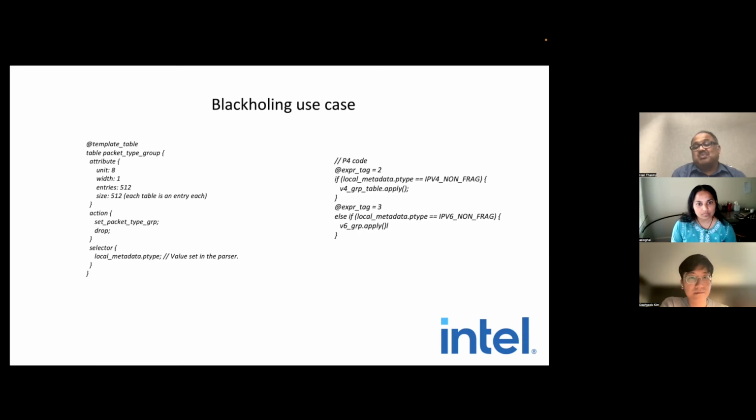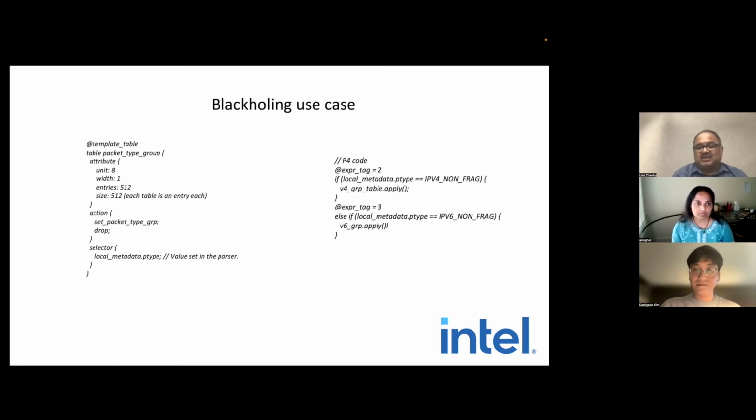The packet type is the parse path of a packet in the P4 program, and every packet type is allocated to a group. In normal conditions, this allows us to flexibly have a mapping from groups of packet types into certain packet type groups on which then policies can be applied. But during black holing, we would like for all the packets emanating from VMs to be dropped. And one way to enforce that is to push them into a temporary group, and then have for that group a default action of drop.